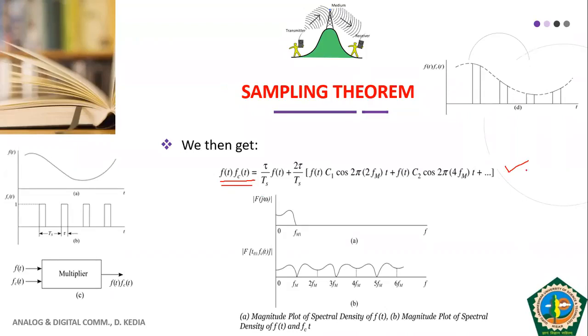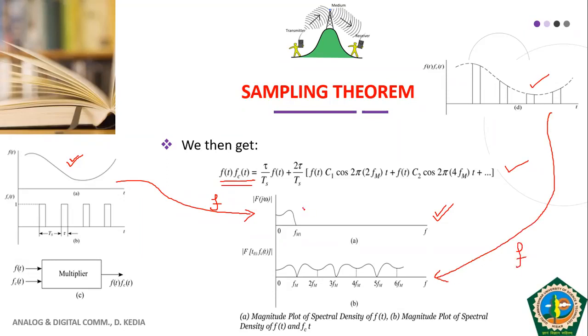Then this is the spectrum of my original signal, the frequency spectrum, meaning I am representing this signal now in the frequency domain. This is the same signal, but in the frequency domain. And this is my sampled signal, which I have represented in the frequency domain here.